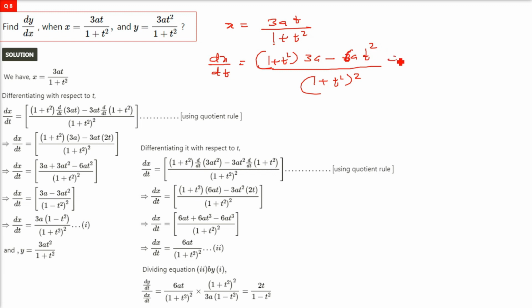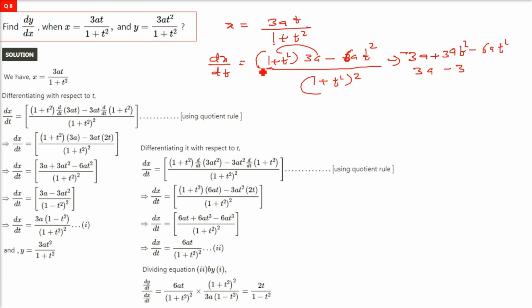Now you just multiply. You will get 3a plus 3at square minus 6at square, divided by (1 plus t square) whole square. So 3a plus 3at square minus 6at square is 3a minus 3at square, and in the denominator you have (1 plus t square) whole square.